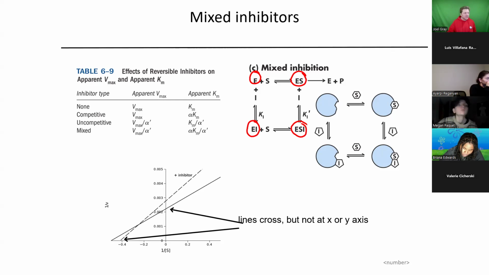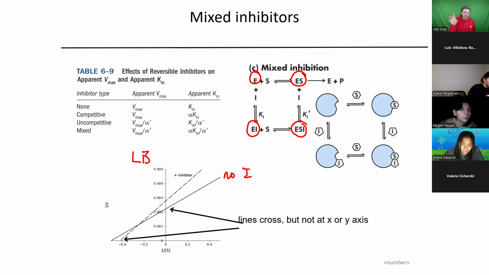The way that you answer that question is by looking at a Lineweaver-Burk double reciprocal plot. Again, we've got our solid line to indicate that there is no inhibitor present, so no I, and then we've got our dashed line to indicate plus an inhibitor. Now, what do you notice about the Vmax?